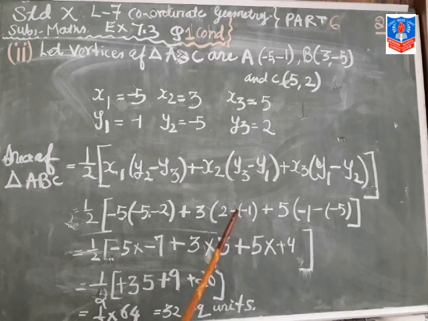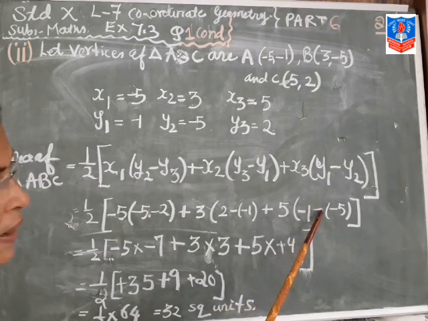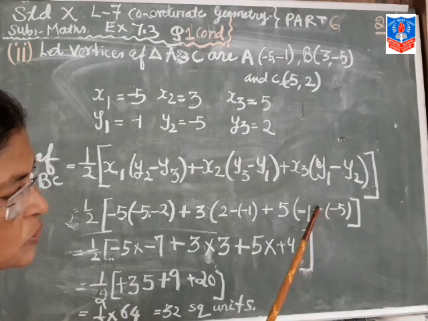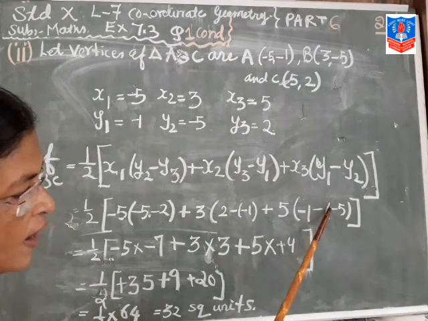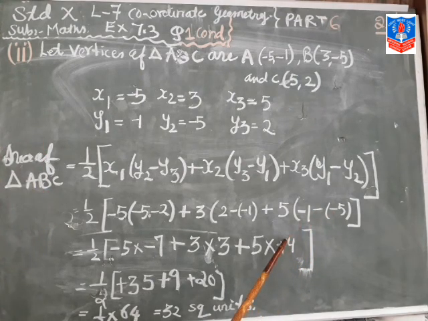Plus 3 times 3. Then -1 minus -5, so -1 plus 5, what will come? Plus 4. Clear children? Here this one is the main step. Now multiplication: 5 times 7 is 35, plus 3 times 3 is 9, 5 times 4 is 20.